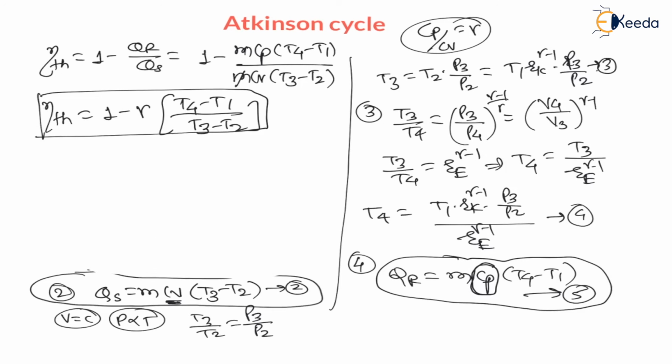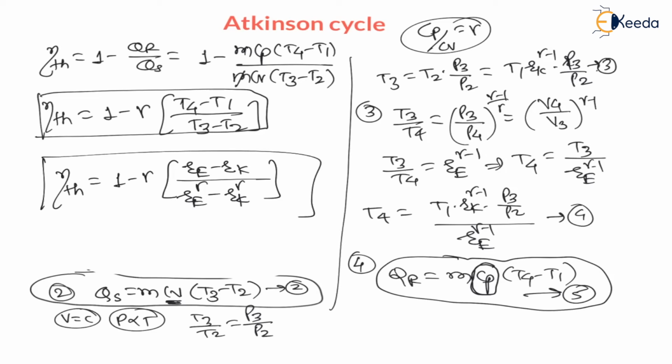Remember this efficiency formula: the thermal efficiency of the Atkinson cycle is equal to 1 minus gamma into RE minus RK divided by RE power gamma minus RK power gamma, where RE is the expansion ratio and RK is the compression ratio. That means the thermal efficiency of this Atkinson cycle is a function of the adiabatic index gamma, the expansion ratio and the compression ratio.